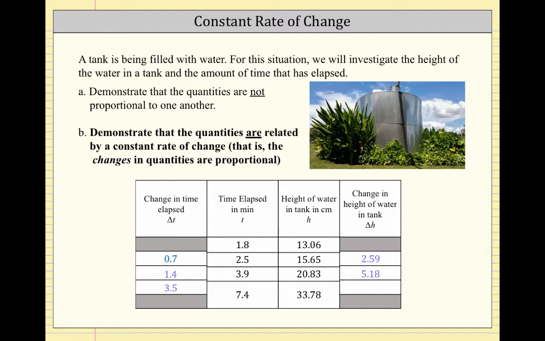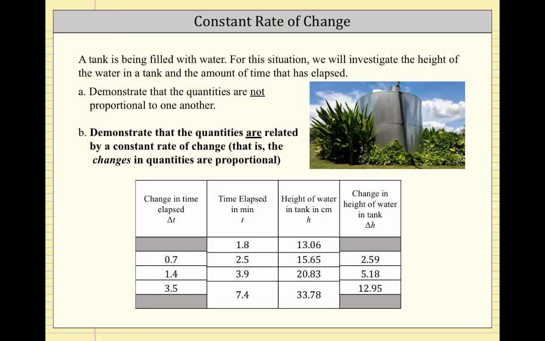And to change from 20.83 to 33.78, that is a change of 12.9 centimeters. Now, to figure out any of these, from earlier examples and earlier videos, we could simply take the ending value minus the starting value. So for example, if I took 20.83 and I subtracted 15.65, that gives me 5.18.